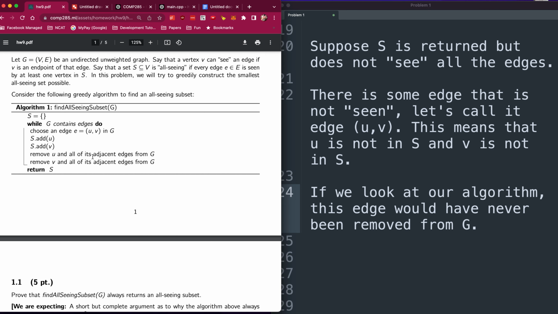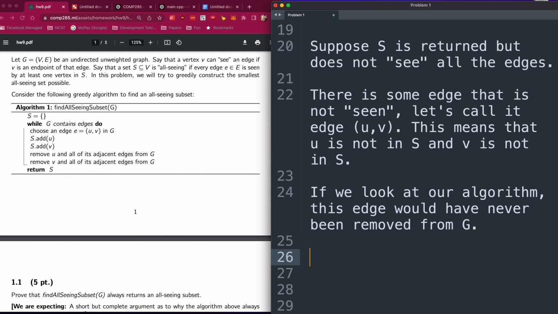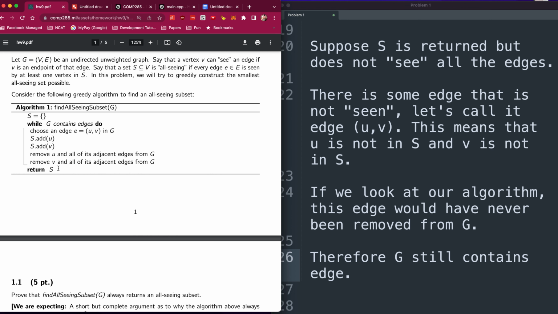Because we only remove edges that are adjacent to U or V, and then U and V are added to S. So if both of the endpoints were never in S, then that means we never removed this edge from G. But then the while loop, therefore G still contains edges, but this is a contradiction because we assumed that we had returned this set S, right?